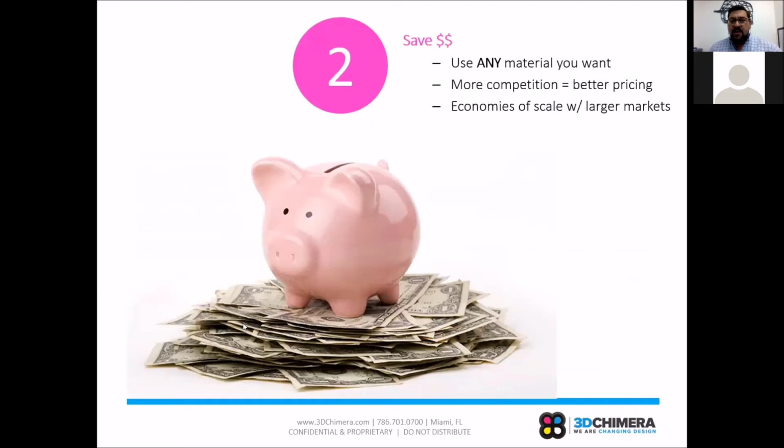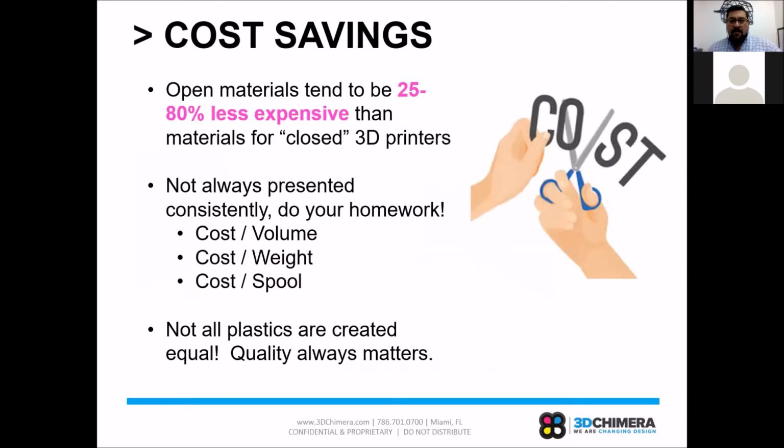So secondarily is saving money, right? It's important, of course, to think about the bottom line in any type of application. And what's really cool about additive manufacturing is that we have this wide variety, right? Once you've honed in on a particular material, the market is open.